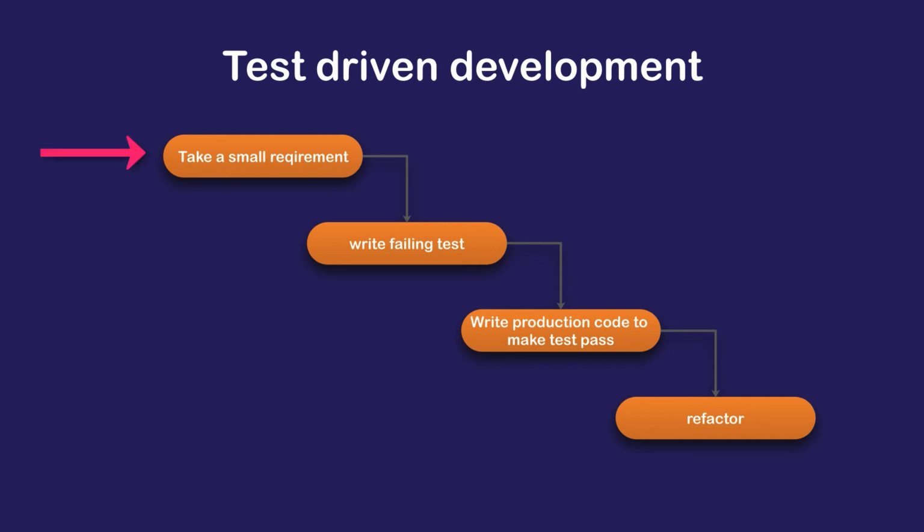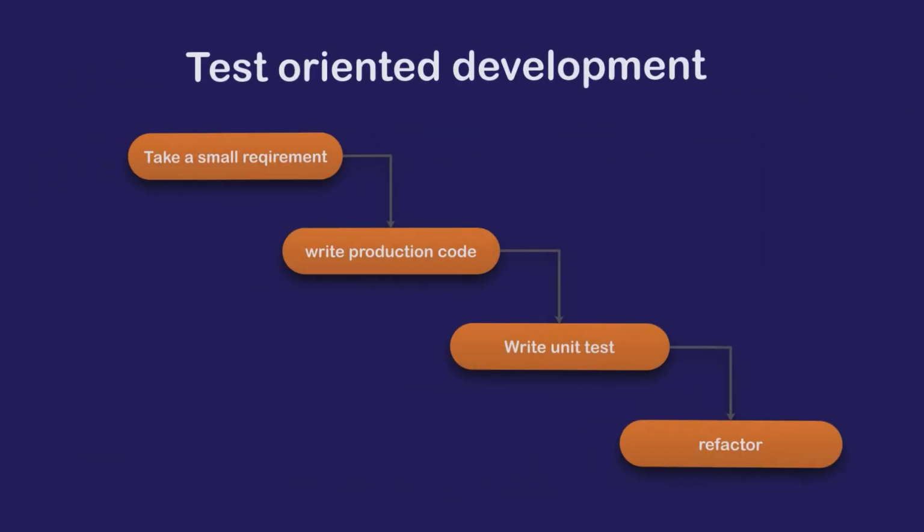Typically, we first take a small requirement, write a failing test, write production code to make the test pass, and finally refactor the code. Then we repeat the whole process again. So test-driven development is also referred to as TDD. It is claimed that TDD helps to write code that is simple, flexible, and just enough to satisfy the requirement.